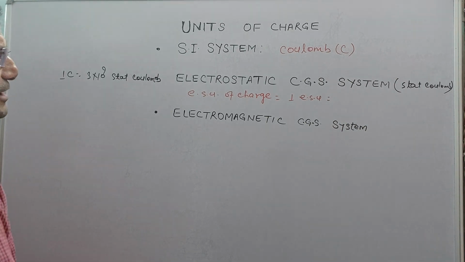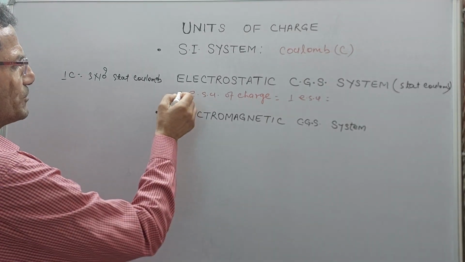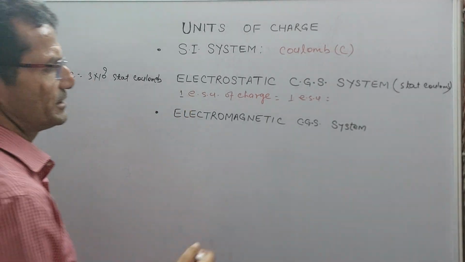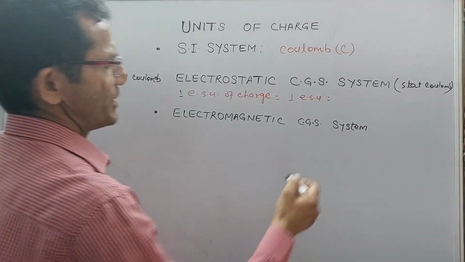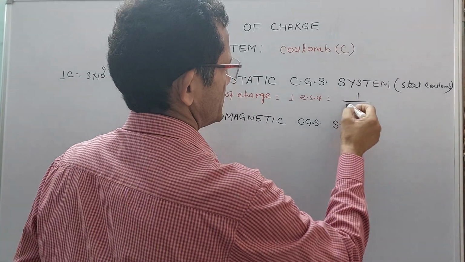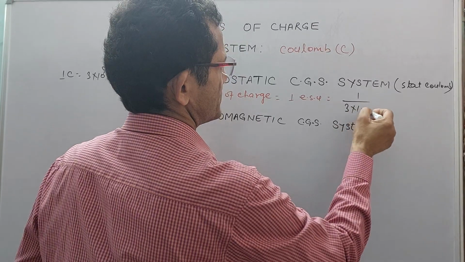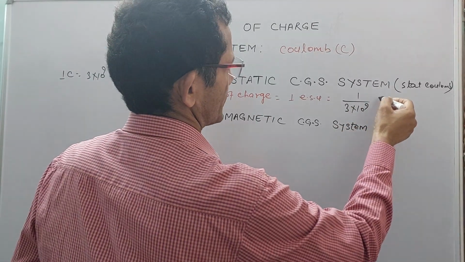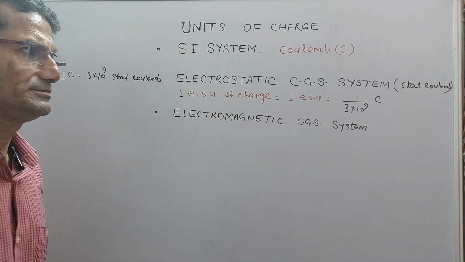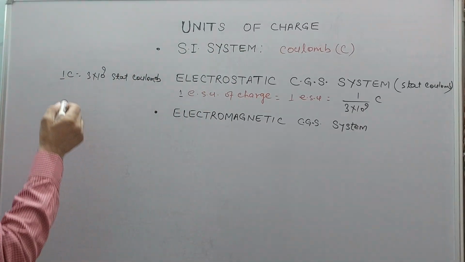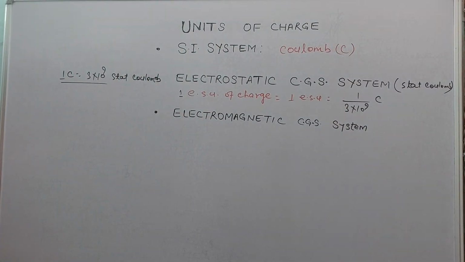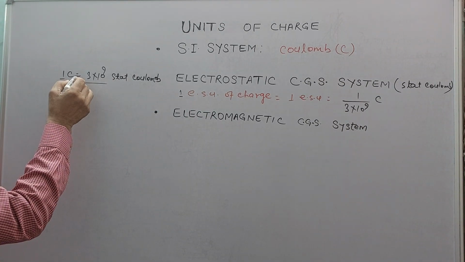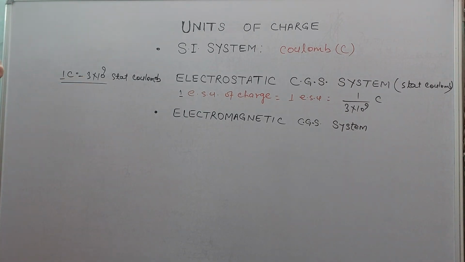If I calculate the value of 1 ESU of charge, it comes out to be very small: 1 upon 3 into 10 raised to the power 9 coulomb.